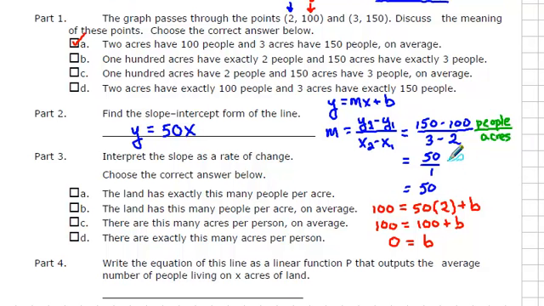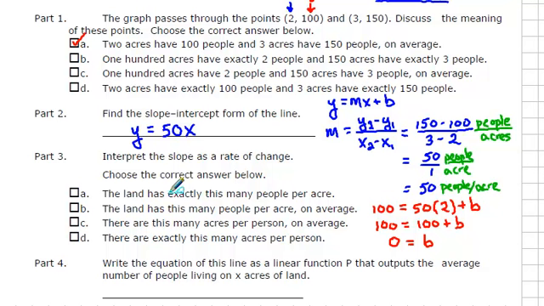So as we come down, we have 50 people per 1 acre. And then finally 50 people per acre. So the way that we would interpret the slope as a rate of change is that there are 50 people per acre on average. So let's see which choice corresponds with that.